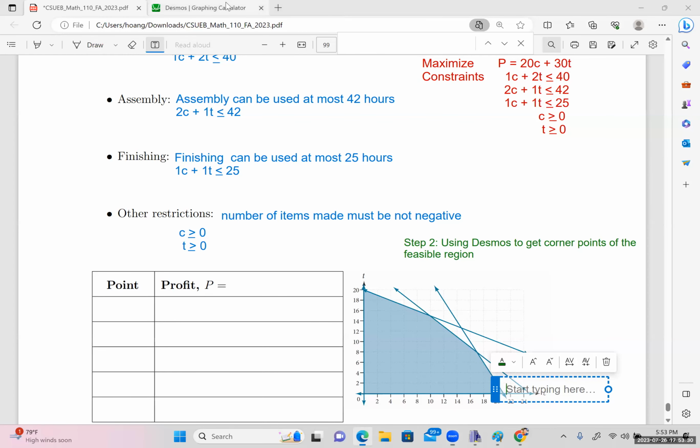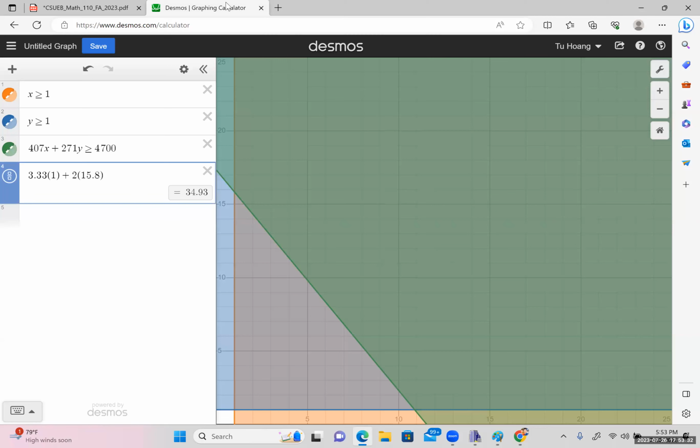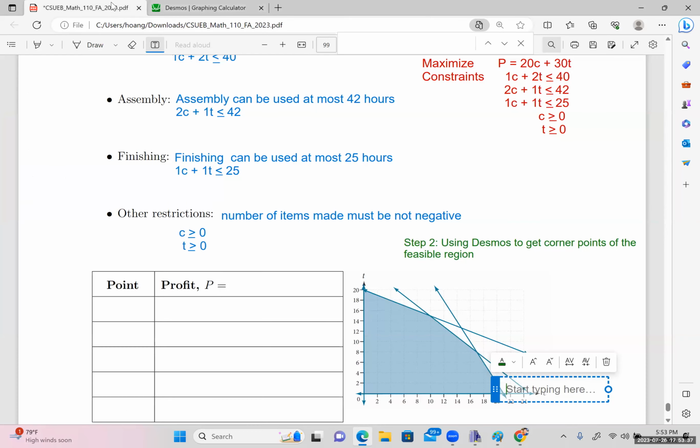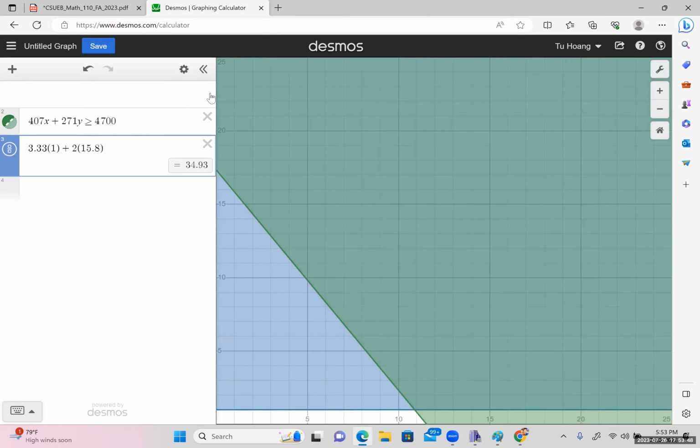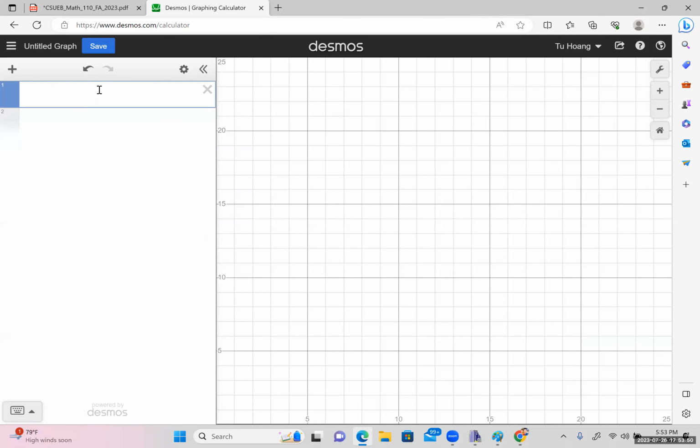Okay, but let's put everything in there, right? So let's get in decimals. Actually, by using decimals, instead of C and T, you must use X and Y, right? So I must change a little bit for that. So we'll have P equal to 20X plus 30Y.